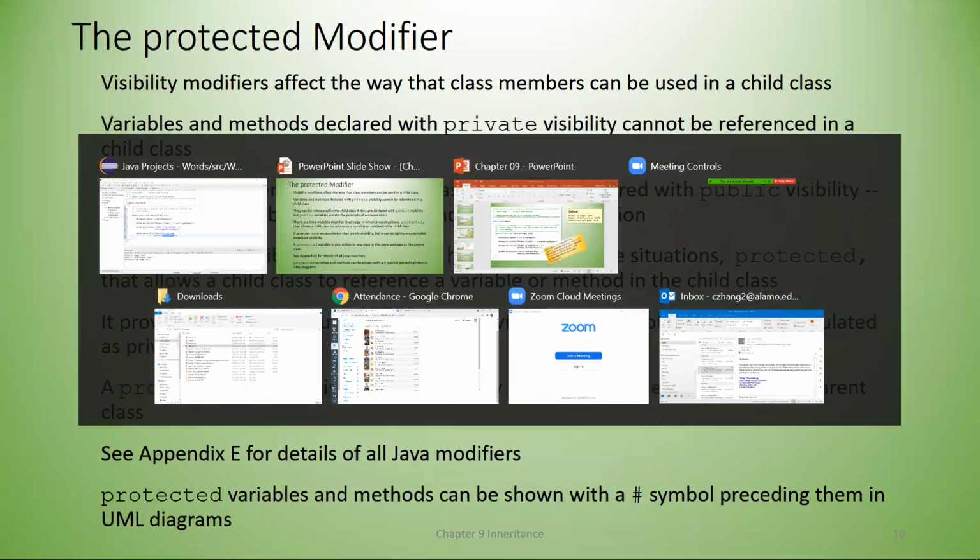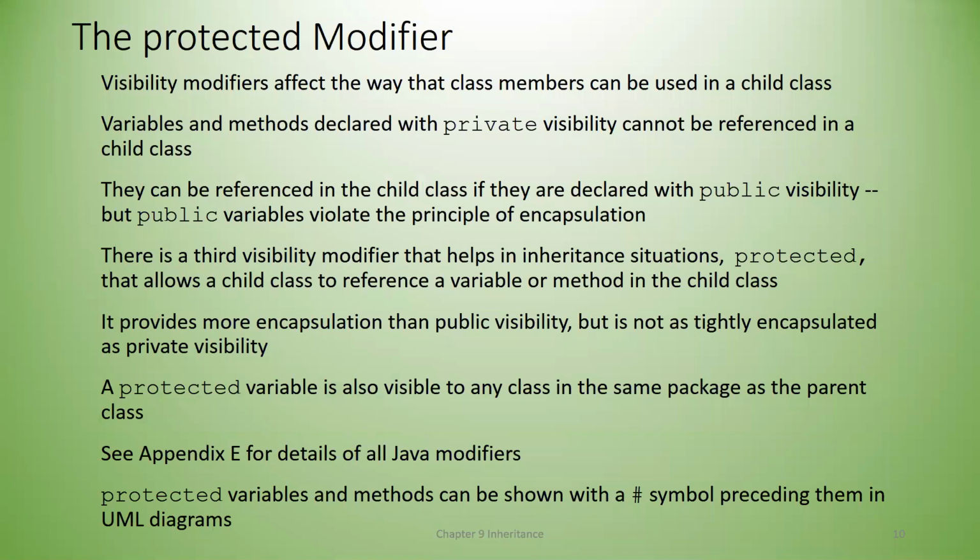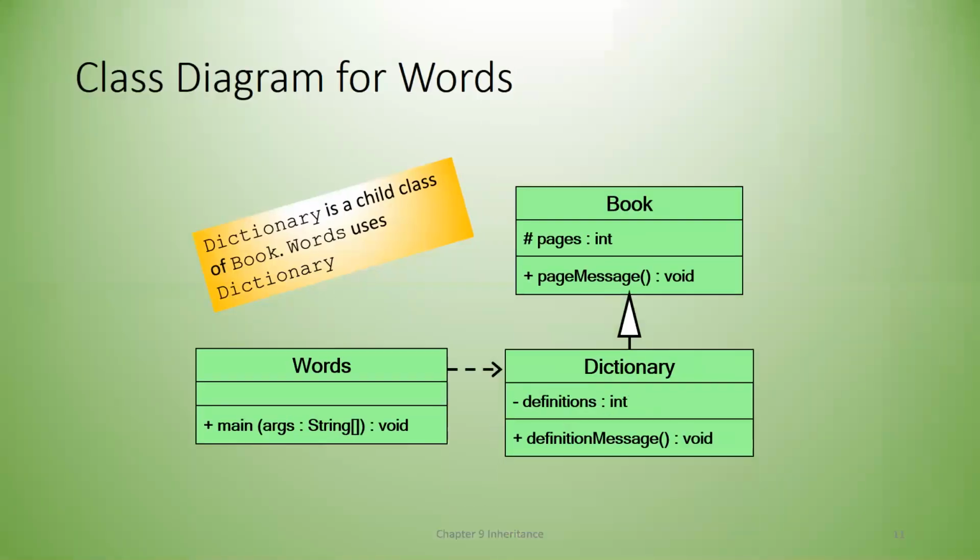Okay. So the protected modifier, I already explained that, everybody. Class diagram for words, okay? This is the uses relationship here, and this is inheritance, right? So dictionary inherits book, and words uses dictionary. Once again, this is UML. I had one student who said it's unified universal machine language.